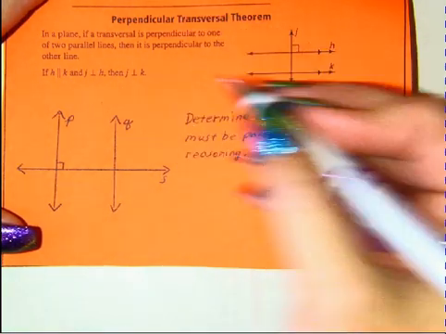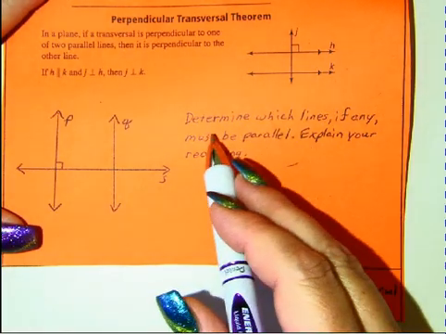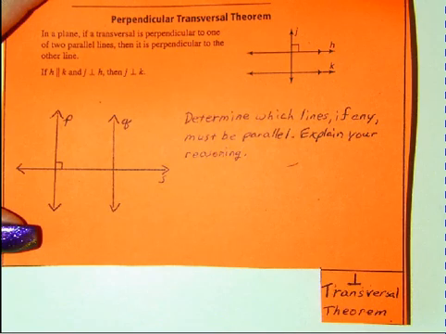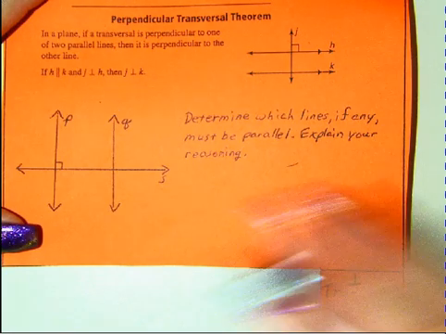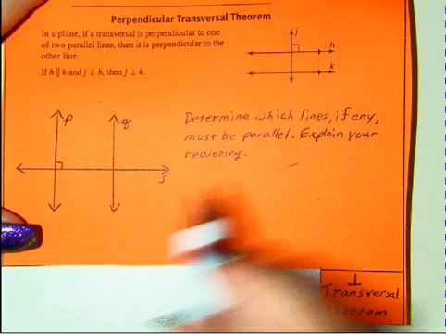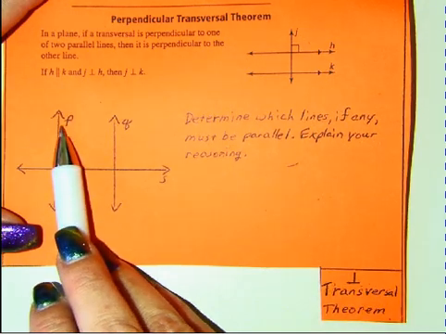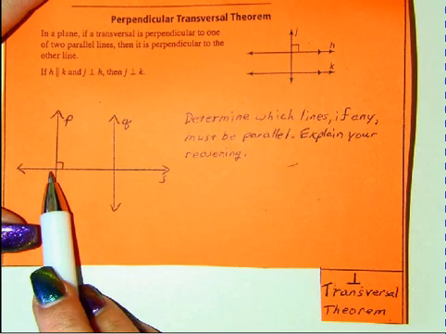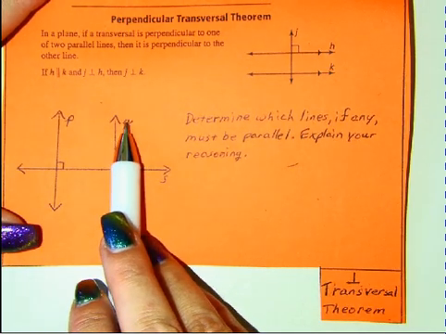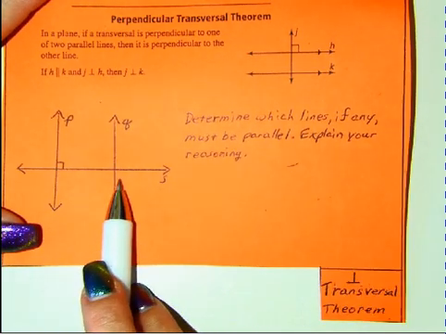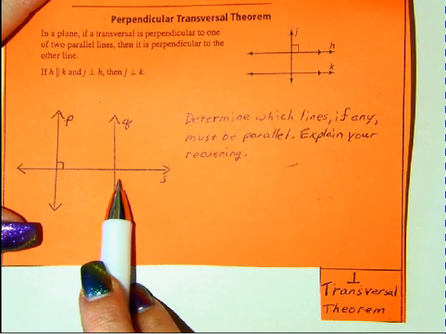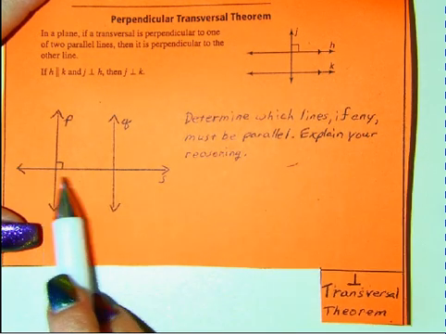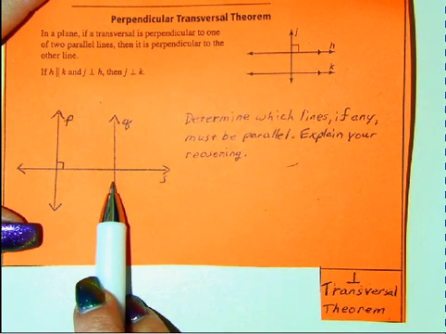So it says determine which lines, if any, must be parallel. Explain your reasoning. So if P is perpendicular to S, we don't know if Q is perpendicular to S, though. Can we say that P is parallel to Q?